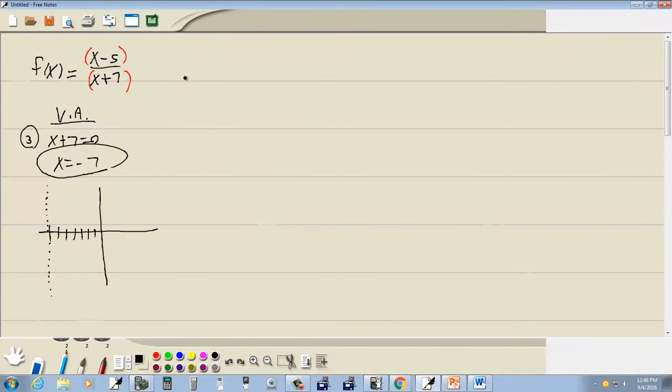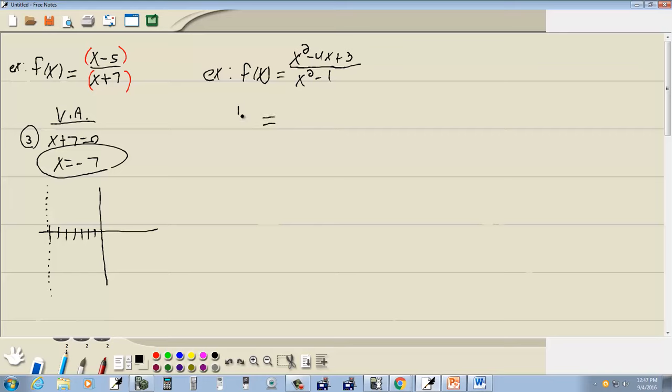Now let's take a look at a little bit more interesting problem. We have f of x is equal to x squared minus 1 over x squared minus 4x plus 3. And the instructions are still to find the vertical asymptote.